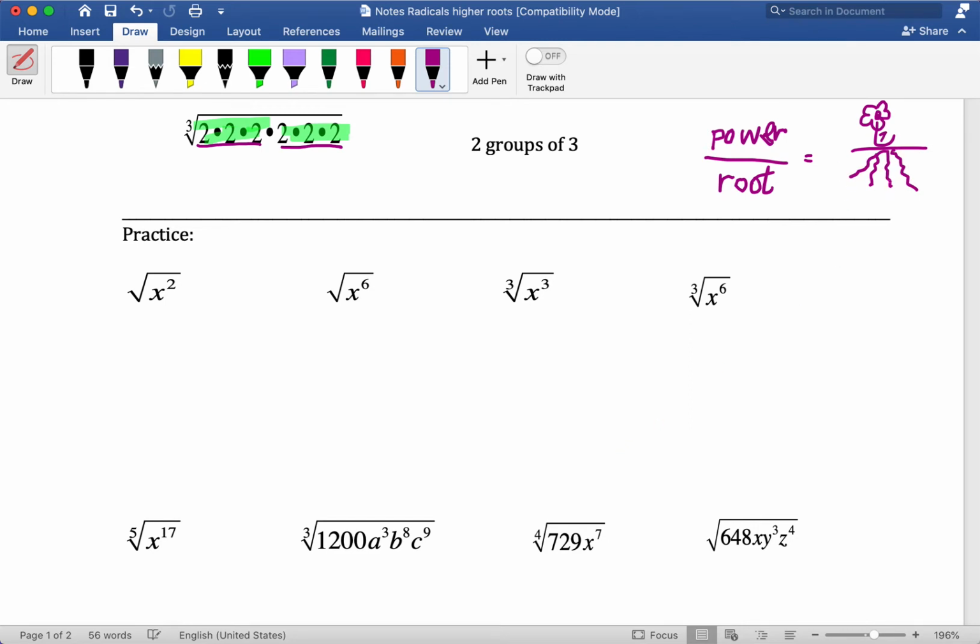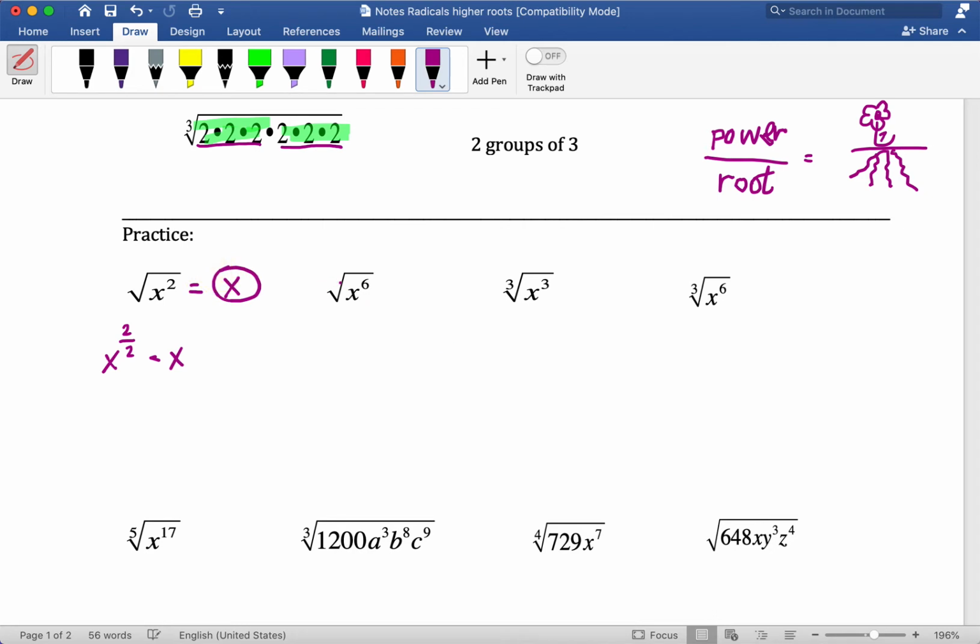So it's power over root, power over root. So here's my power. My power is my exponent, right? This is 2, and my root here is also 2. So if I think of this as power over root, this is x to the 2 power over the root 2. This is x to the power of 1. So guess what? The square root of x squared equals x.